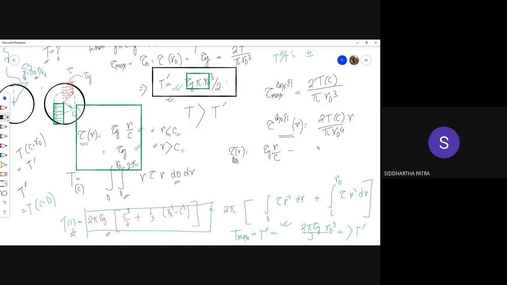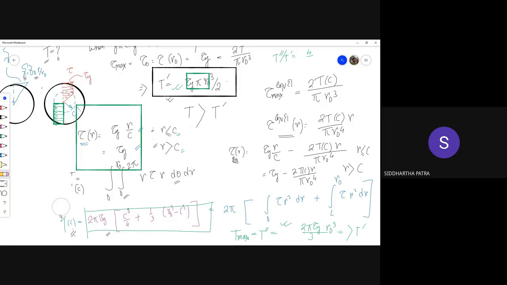So that is going to be this quantity, and substitute the expression for Tc.